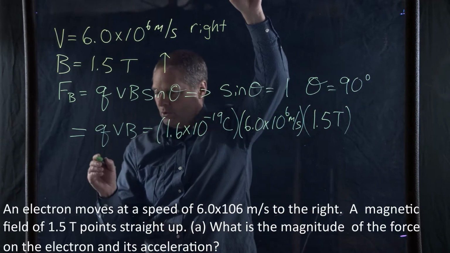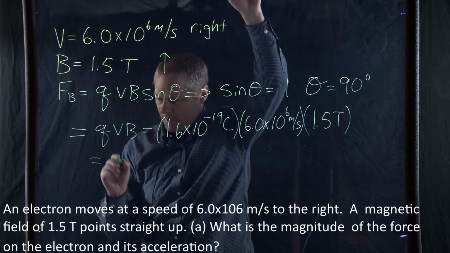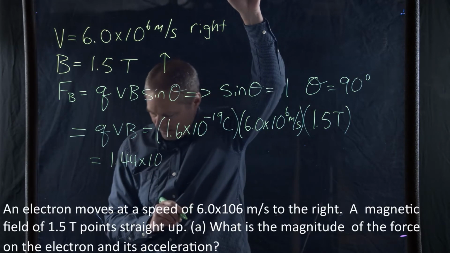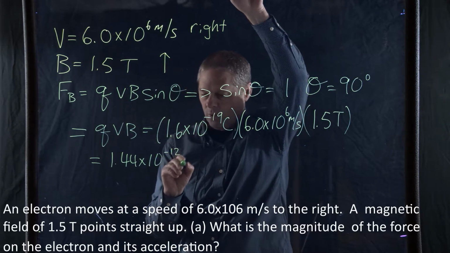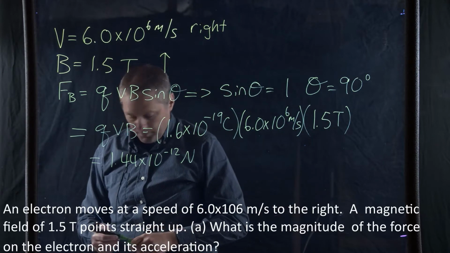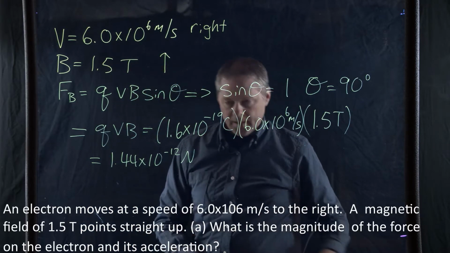We go through and do this arithmetic, and what we end up getting is 1.44 times 10 to the negative 12th newtons. So that answers A.